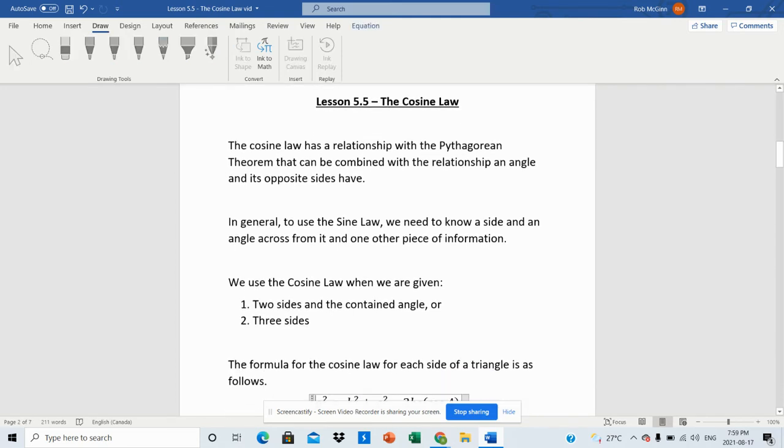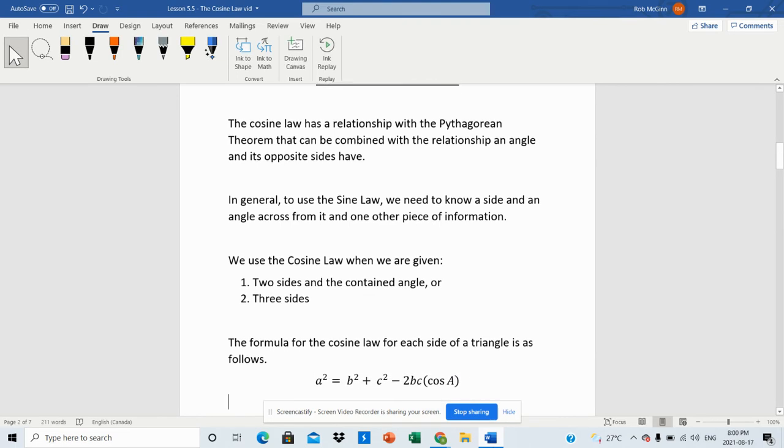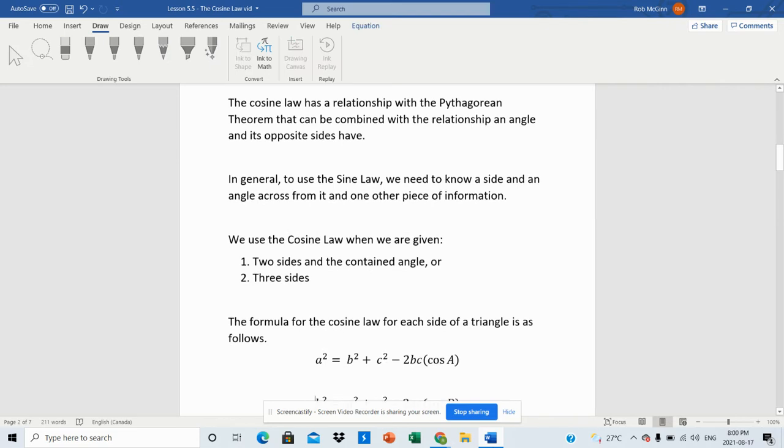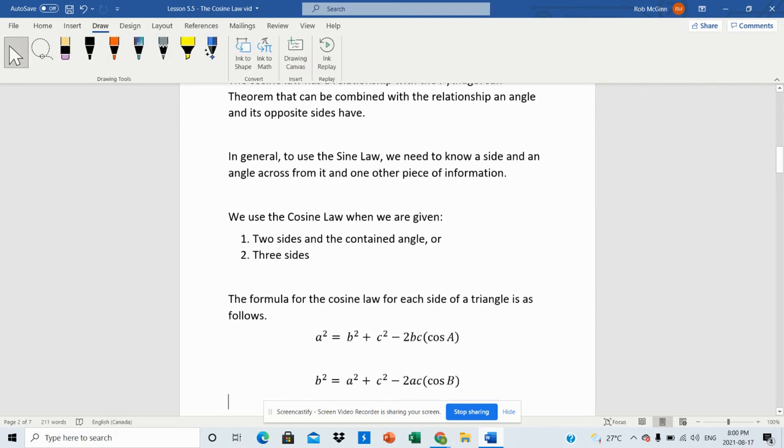The formula for the cosine law for each side of a triangle is as follows. So we've got a squared equals b squared plus c squared, which looks a lot like the Pythagorean theorem, and it's based on the Pythagorean theorem, but we have a bit of a correction factor, and that is minus 2 times b times c times the cos of angle A. So we can use that for any of the three sides.